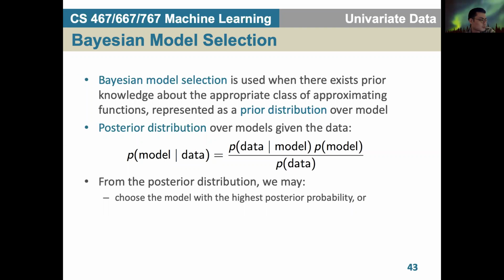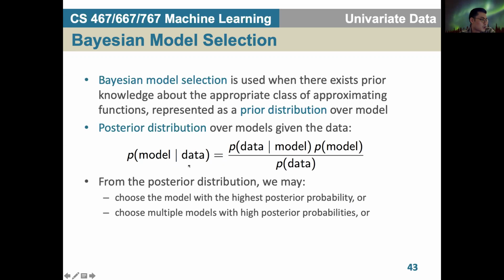Once you get the posterior, you can select the model with the highest posterior. You can also choose multiple models with high posterior, then use an ensemble method. Say it's regression, and you use three models that are all very accurate. You compute the regression value from each and take the average. Then it's an ensemble method.